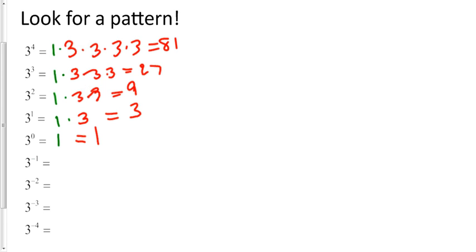If I look at 3 to the negative 1, well, what does that negative do? The negative does not make this answer negative. What it does is it changes our multiplication to division.